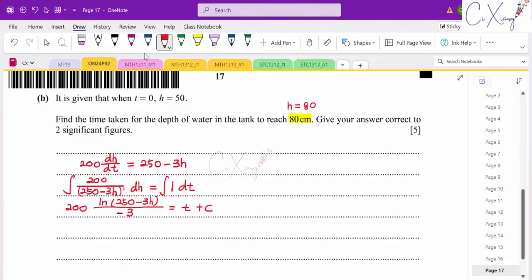Next, since you are given the initial value where t equals 0, h equals 50, I substitute into the general equation to get the value of c. So I will be having negative 200 over 3 ln 150 equals 0 plus c. So it's very obvious that c equals this particular value.